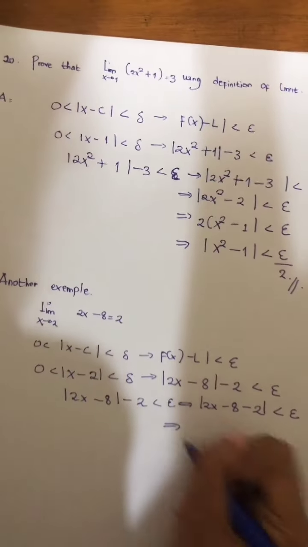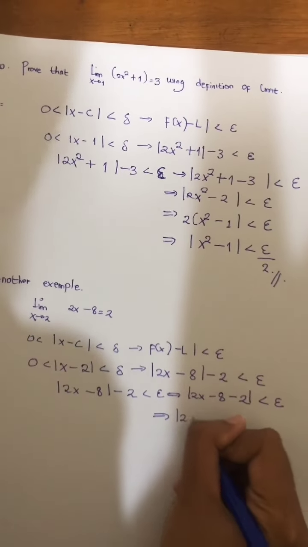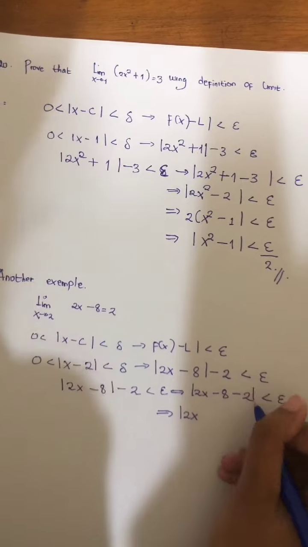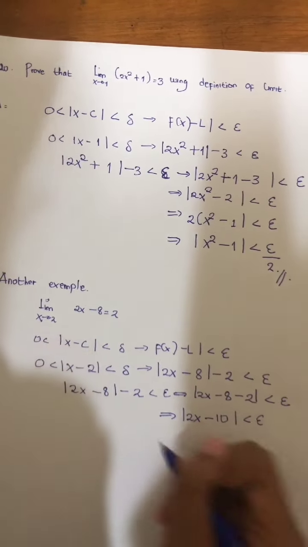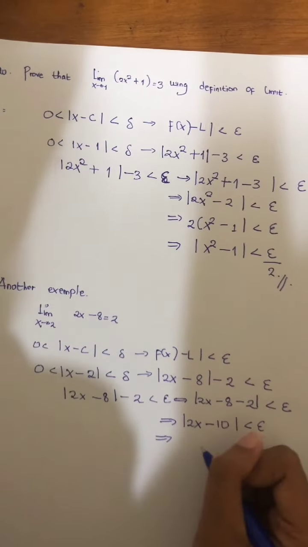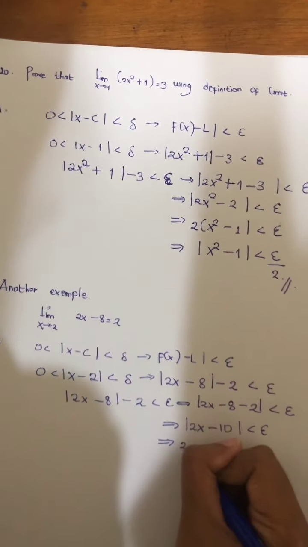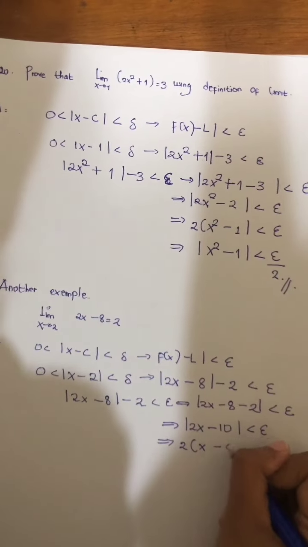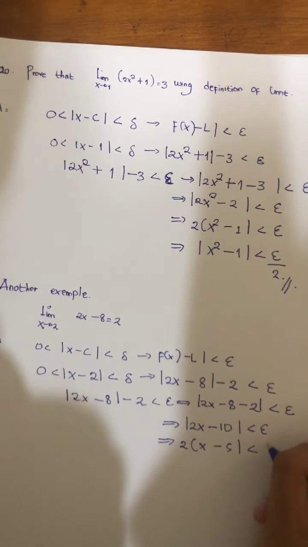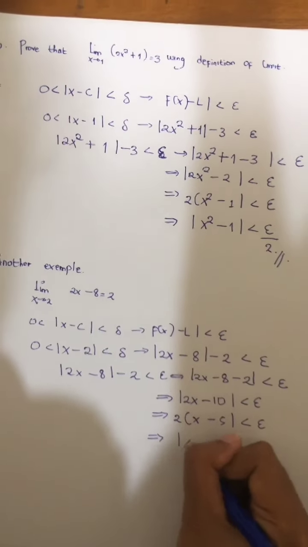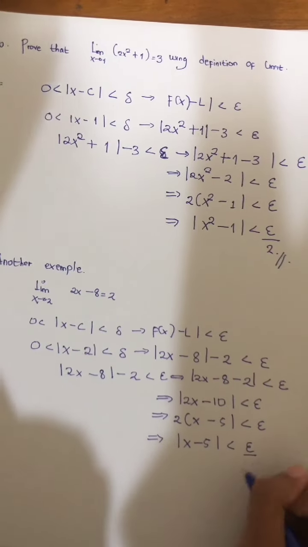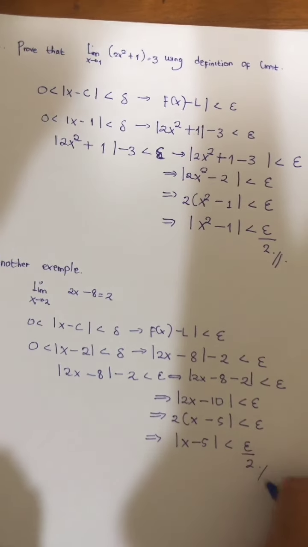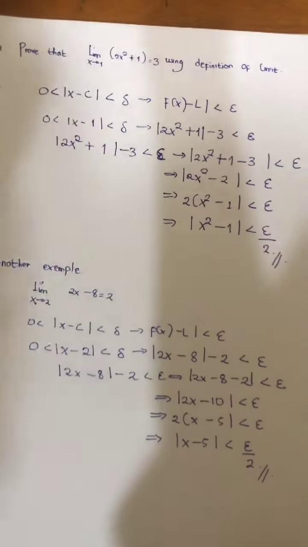And then next, 2x minus 8 minus 2 equals 2x minus 10, less than epsilon. Then we make a factorization to x minus 5 less than epsilon, and then x minus 5 less than epsilon over 2. And here's the result. Thank you.